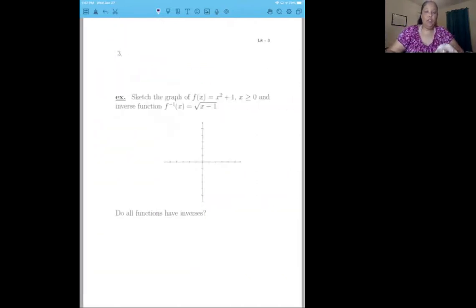All right, so what do the graphs of them look like? The graph of the function f inverse is symmetric across the line y equals x. So we'll do an example so that we can see what that looks like.